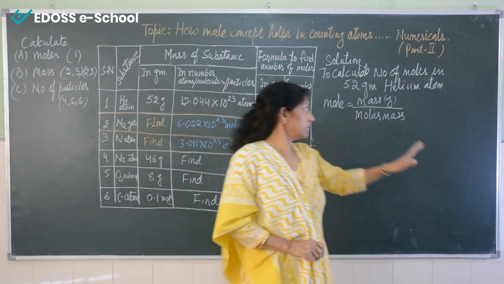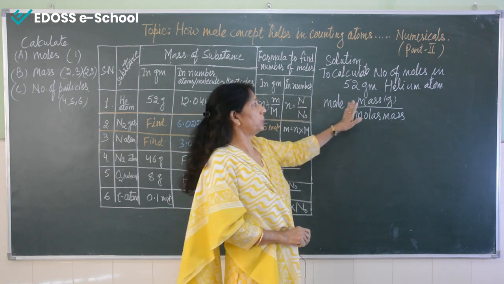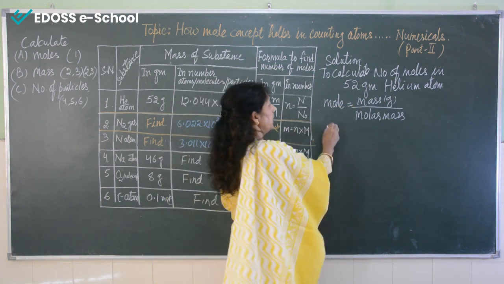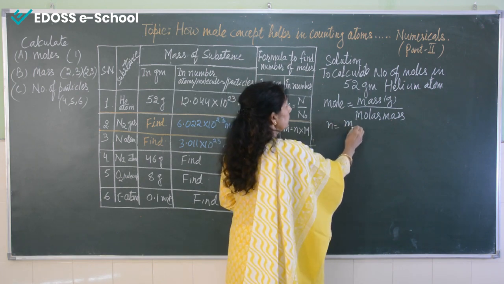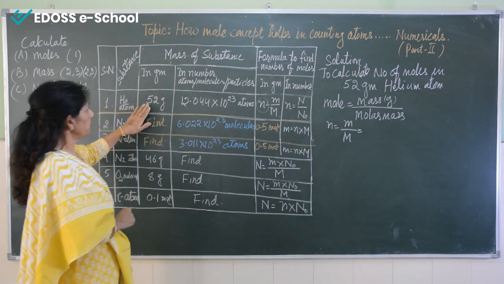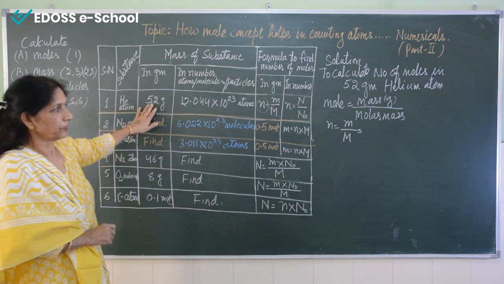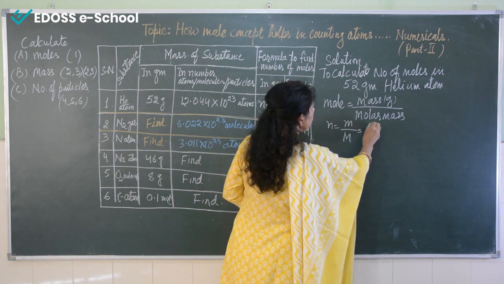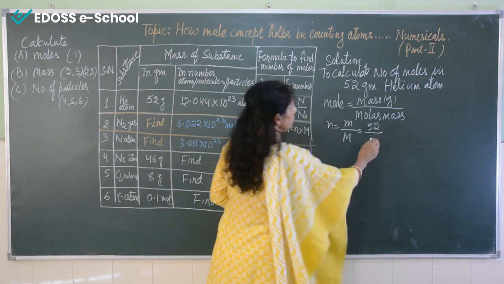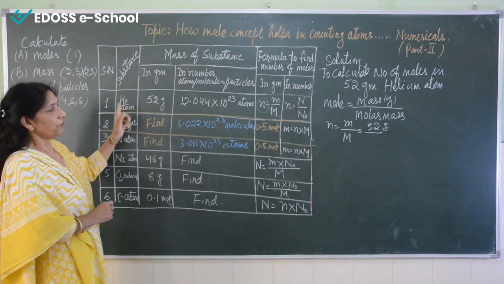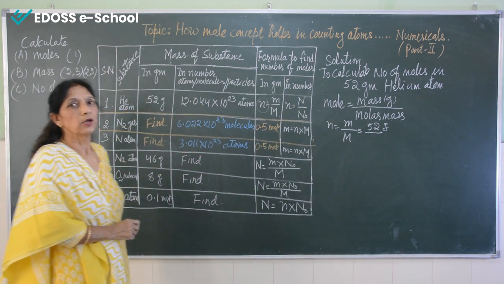This is our formula: mole is equal to mass divided by molar mass, or N is equal to M upon capital M. M is given to us, 52 gram, and the molar mass of helium we know is 4.